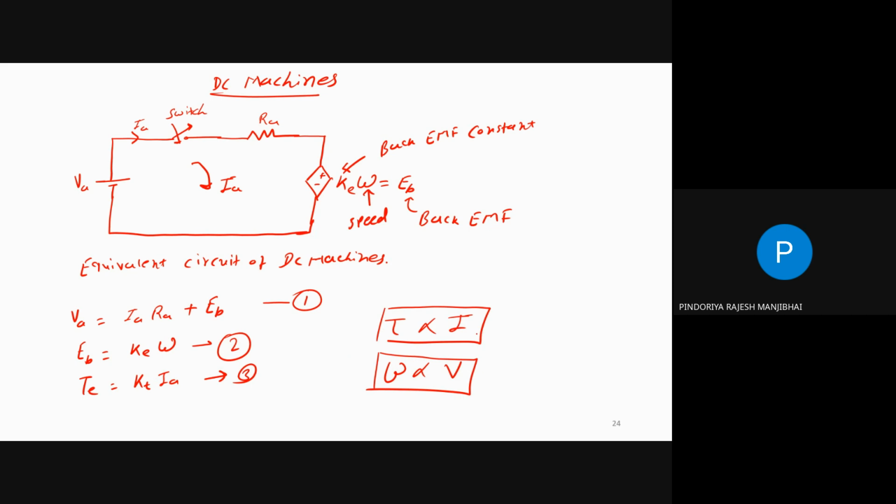Whenever you remove the proportionality, then there is a constant, correct? So this KT is a torque constant. Yes, students, any confusion, any query? So this is a simple KVL equation. We are applying the KVL, the Kirchhoff voltage law, in the equivalent circuit of the DC machines.